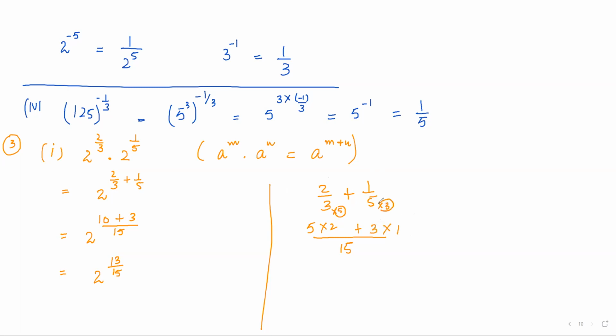You don't have to write this, but keep it in your mind. This step you have to write. So next it will be 10 plus 3 divided by 15, that is 13 by 15. Please check the answer. I think this answer will be given in the book.